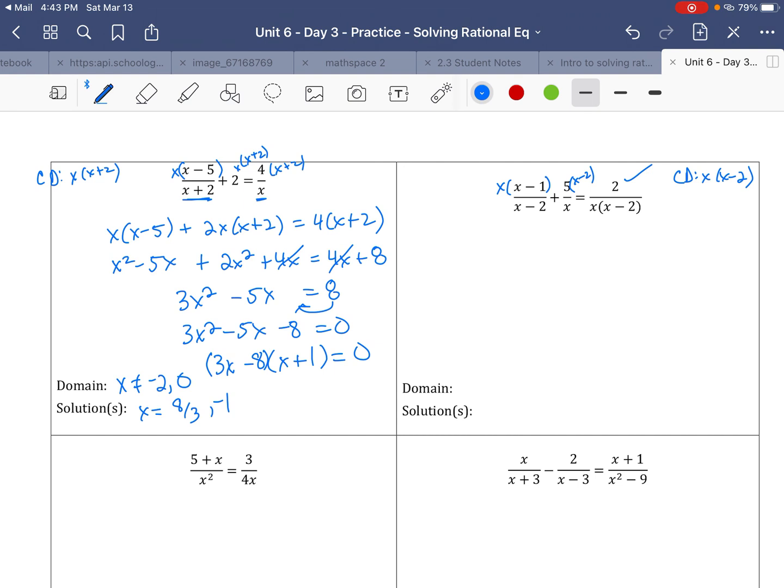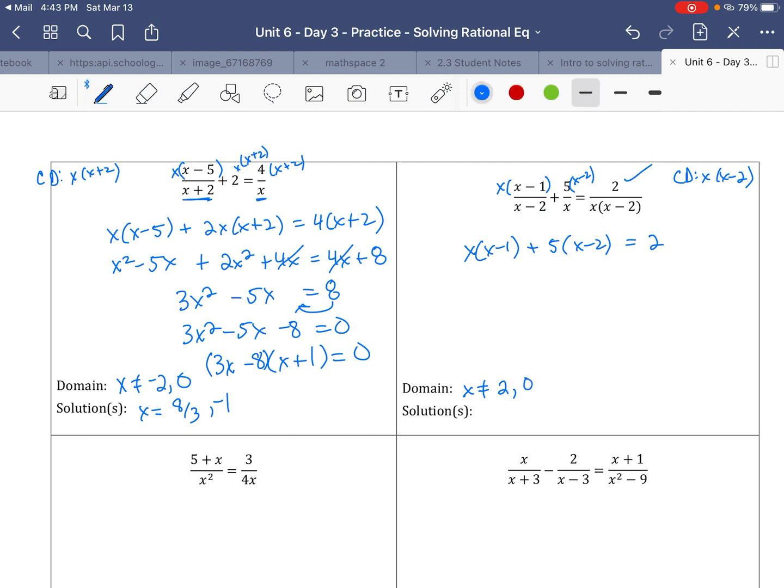And 2 needs nothing. 2's done. So I got x times x minus 1 plus 5 times x minus 2 equals 2. All right, and my restricted values here, x cannot be positive 2, nor can I use 0 itself.